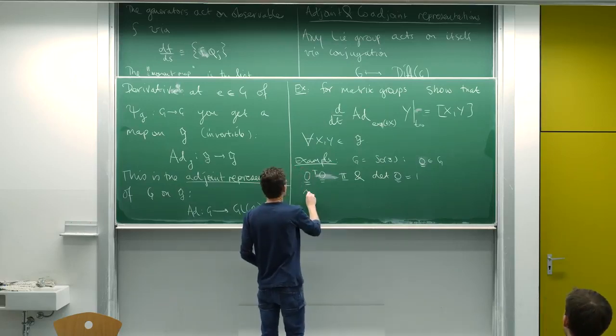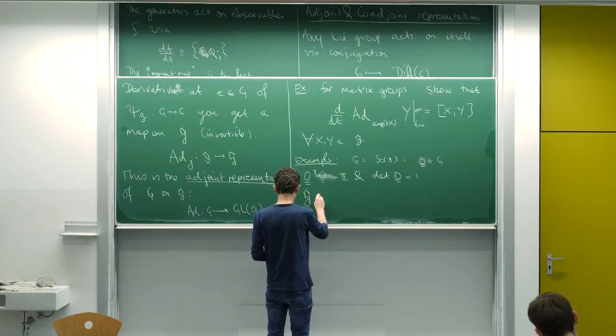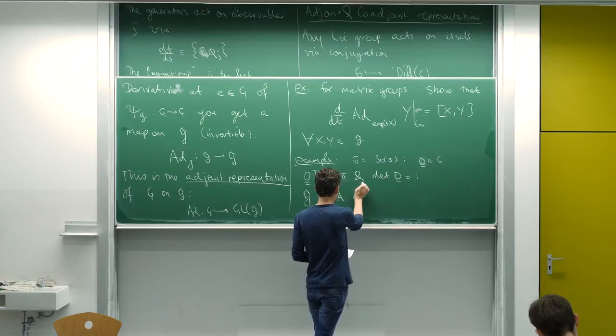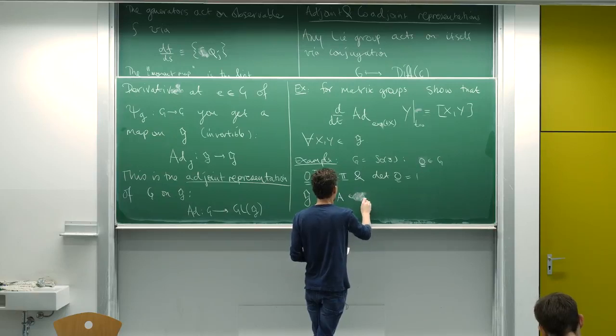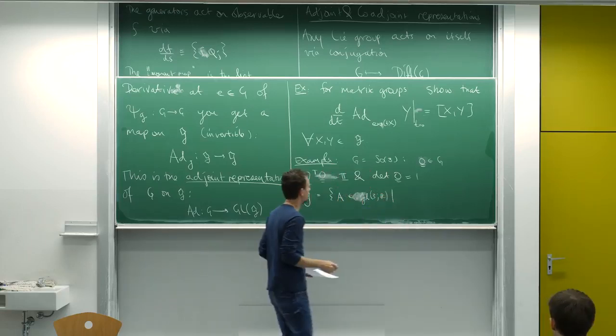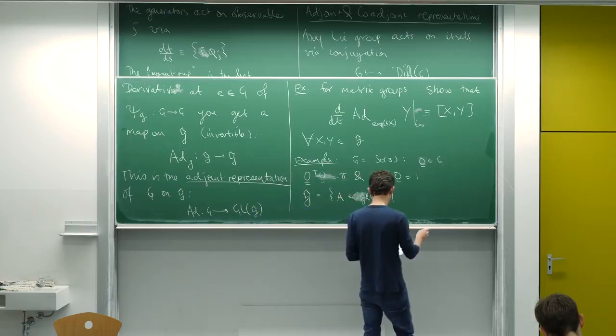Then the Lie algebra for SO3 is the set of skew symmetric, I'll put it in GL I guess, skew symmetric 3 by 3 real matrices.